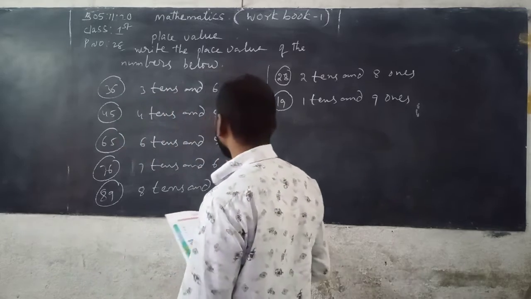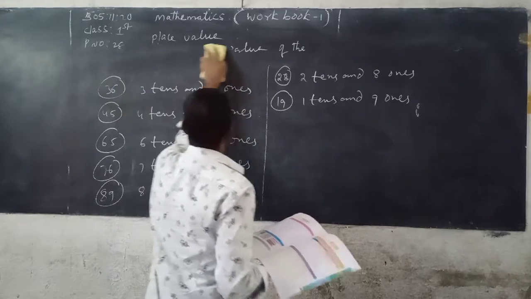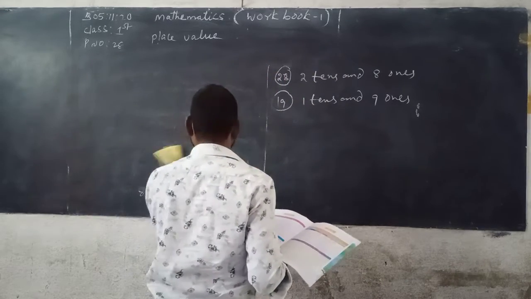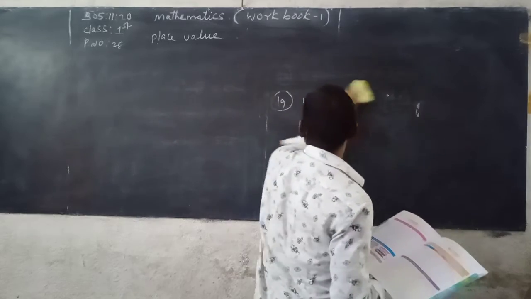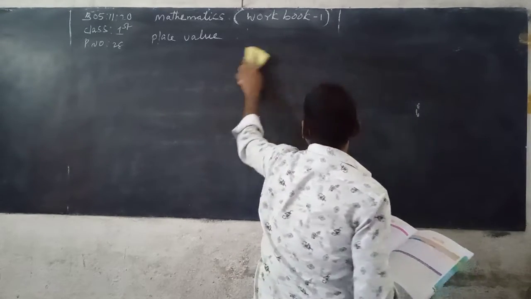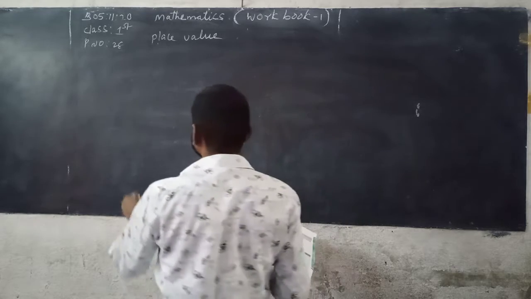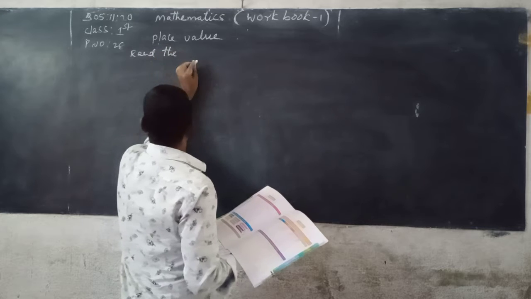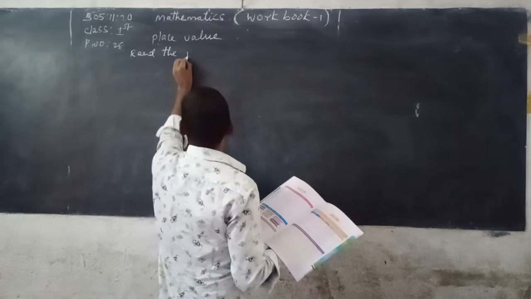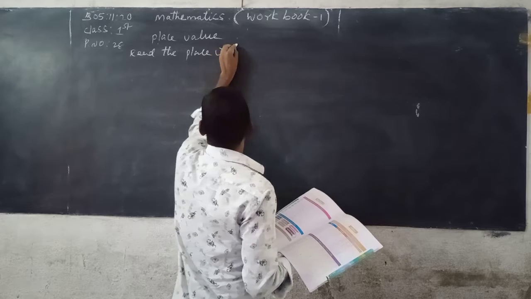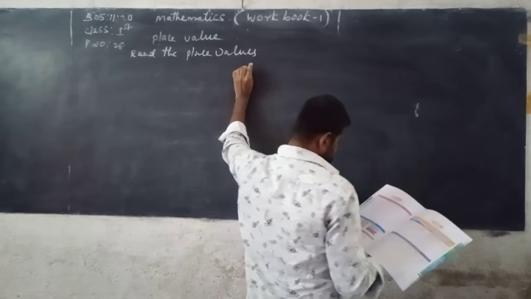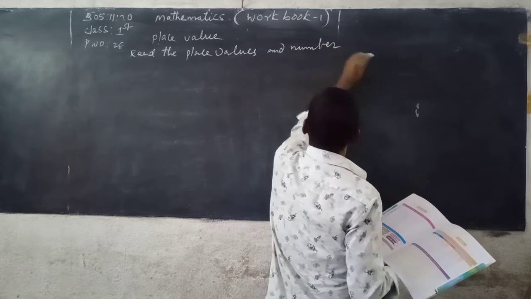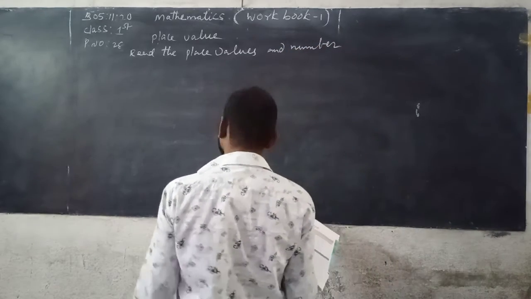Read the place value and the number in the box. See here. Now next one is: read the place values and write the number in the box.